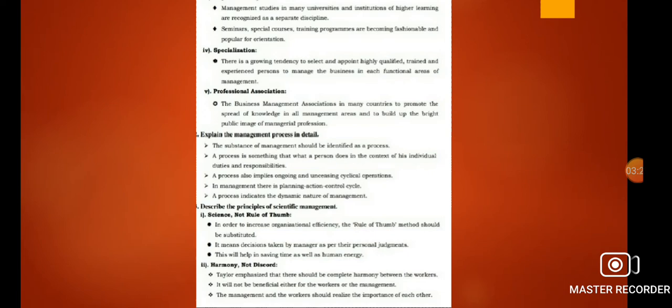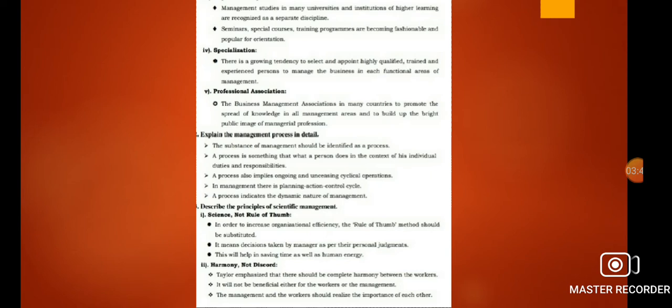There are 5 parts of management as a process. First one, coordination of resources. Second, the performance of managerial functions as a means of achieving coordination.